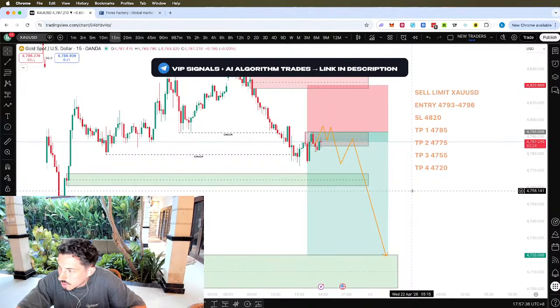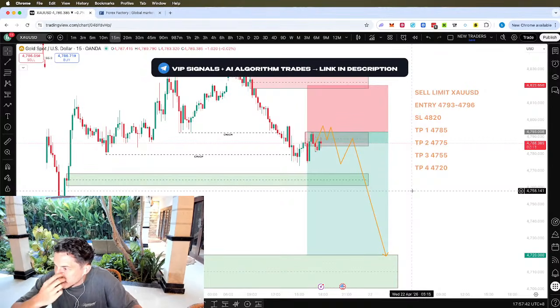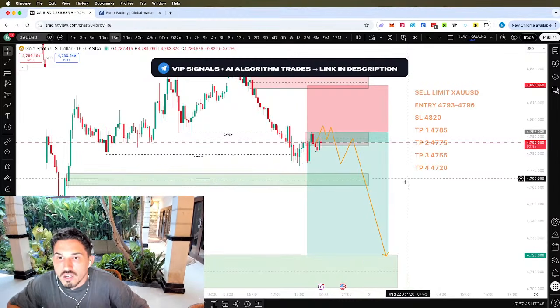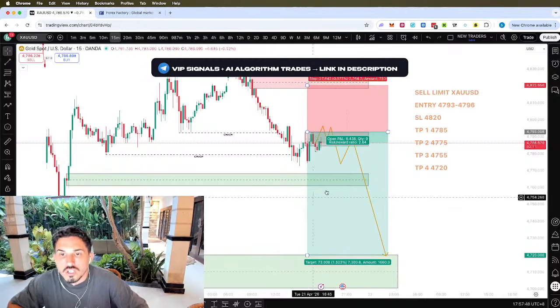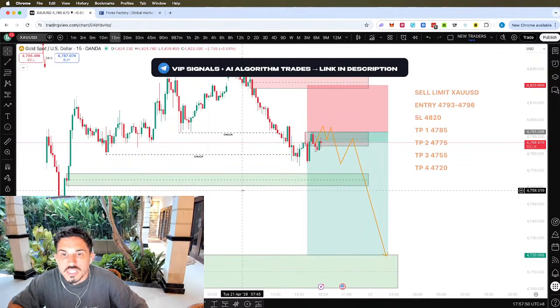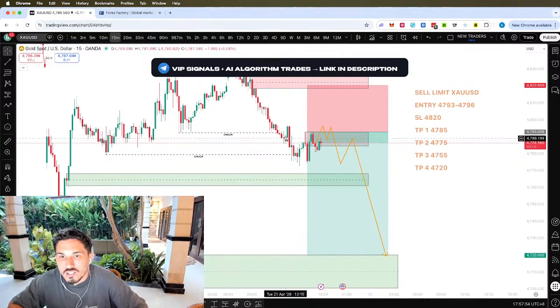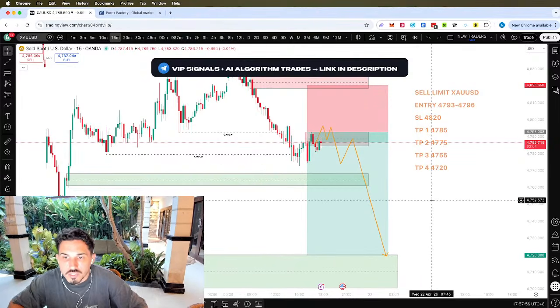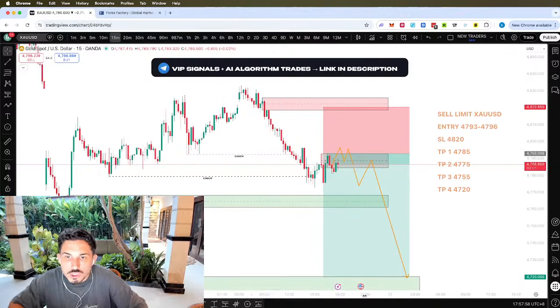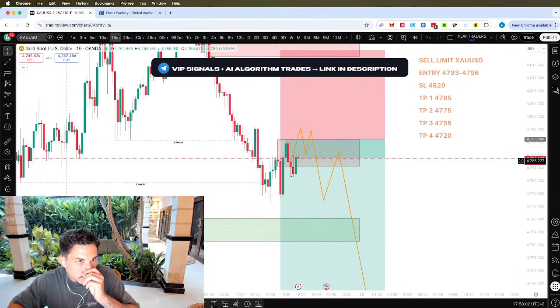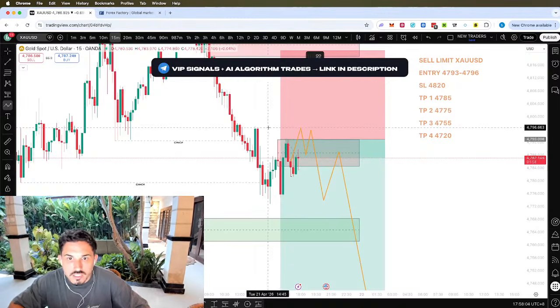Closer. I just want to give the entry. Yeah, I don't know, it depends on market structure. It's not really looking too bearish at the moment, but it's not giving me any bullish signs either.